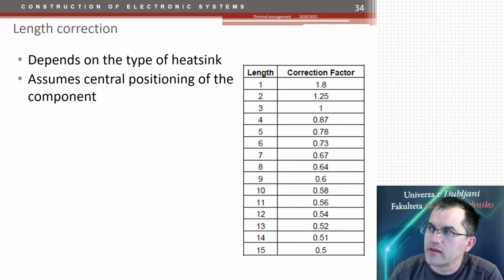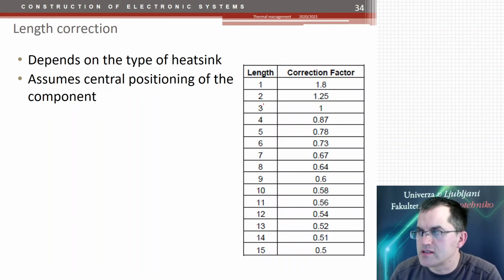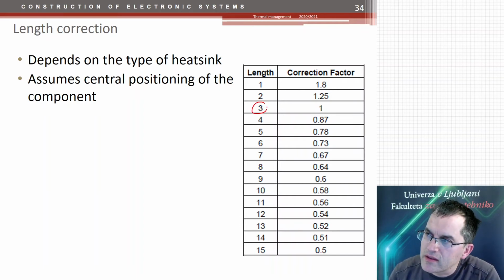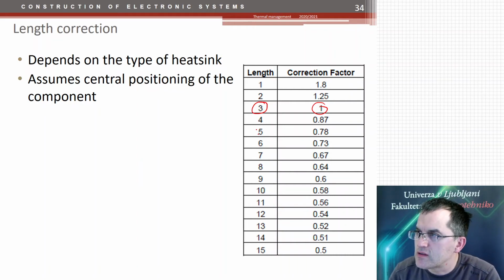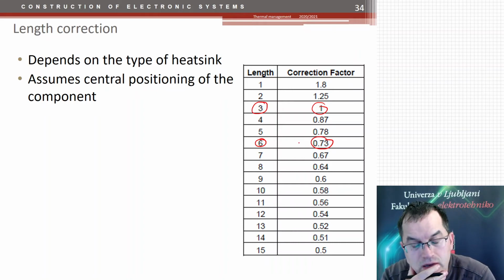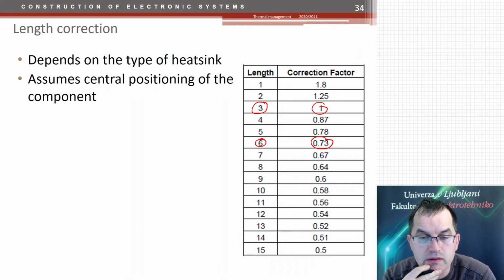Also the length. For example, this is a property of a certain heatsink where at length 3 the nominal value is given. If you make it twice as long, so twice as big as well, so that would have length 6, you don't get half the thermal resistance.